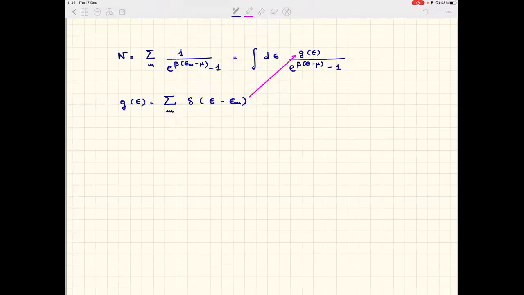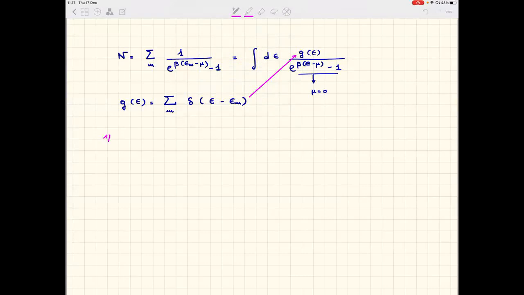Okay, so therefore, whenever I'm asking you a question, suppose, of the type, I have a certain system with a certain spectrum in a certain dimensionality. Is there or isn't there Bose-Einstein condensation? Well, the simplest way you can use to answer this question, since essentially you have to figure out whether the integral here is convergent when you set mu equals 0, is to compute the density of states from this formula.